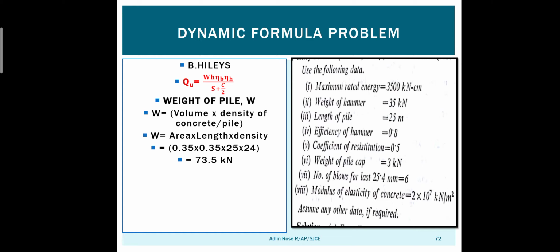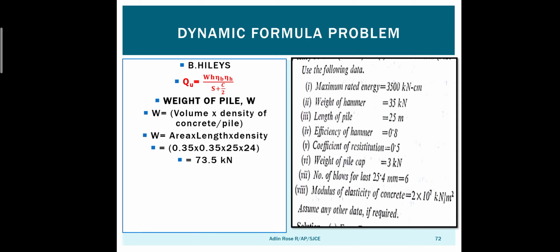And what is the length of the pile? 25 meter. So the area is 0.35 into 0.35, into the length of the pile, 25 meter, given in the question, into the density of the concrete, 24 kilonewton per meter cube. So when you multiply everything, you will get 73.5 kilonewton.